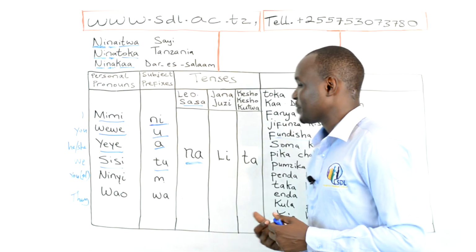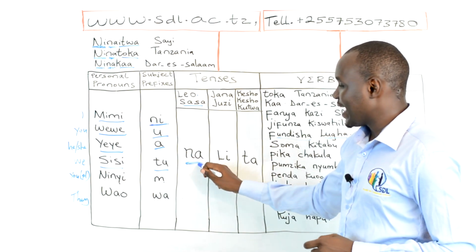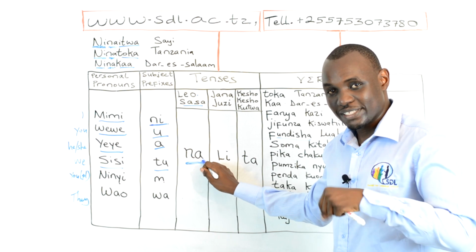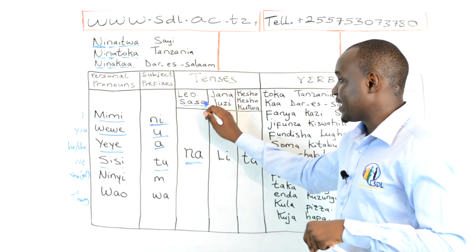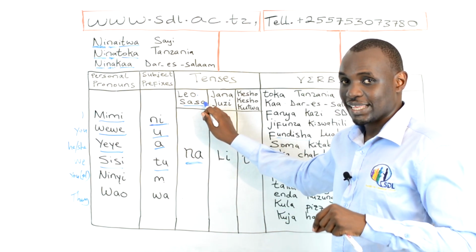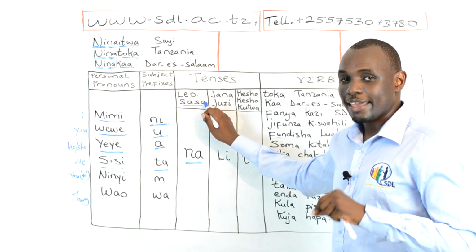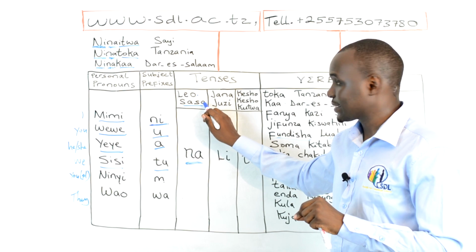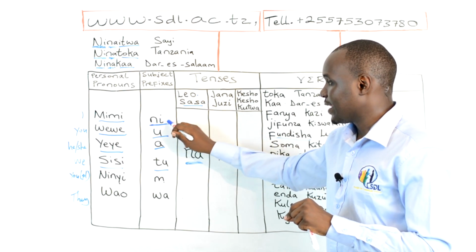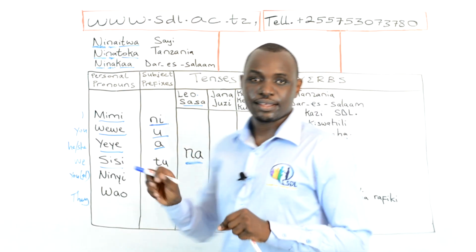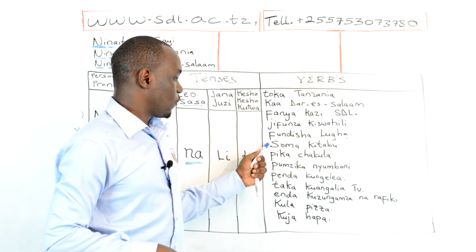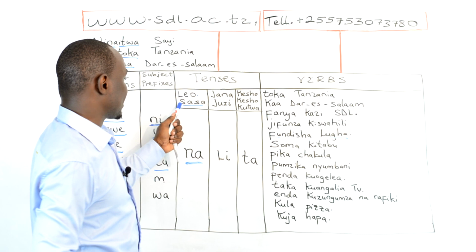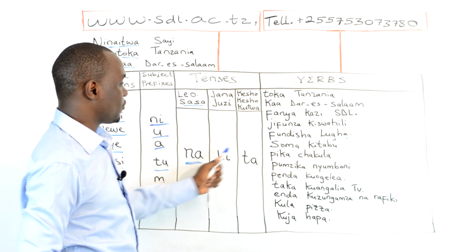Now, na is present tense. So now, if you want to say this sentence, now I am teaching the language, I will say in Swahili, sasa ninafundisha lugha.